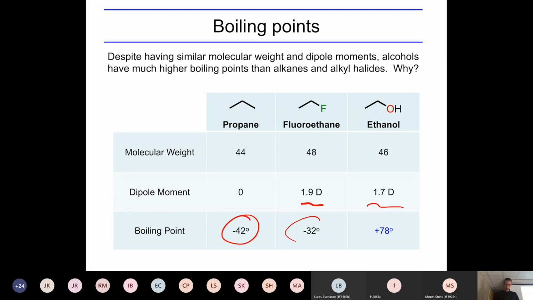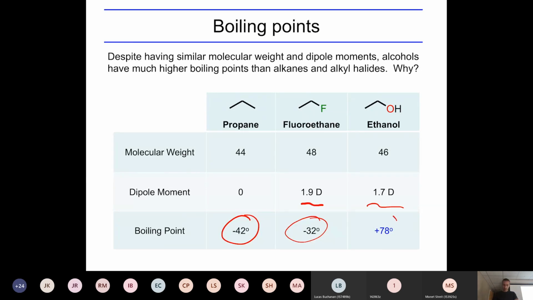Fluoroethane, its boiling point is only 10 degrees higher. So that big, strong dipole moment it has, which gives it dipole-dipole intermolecular forces, made its intermolecular forces a little stronger, but really nothing to write home about, right? We gained 10 degrees.